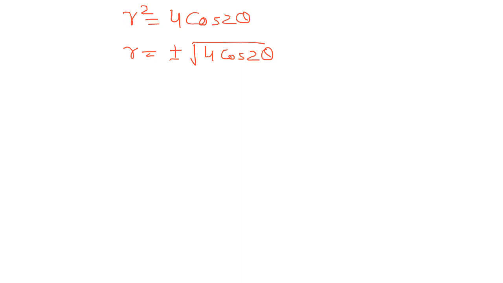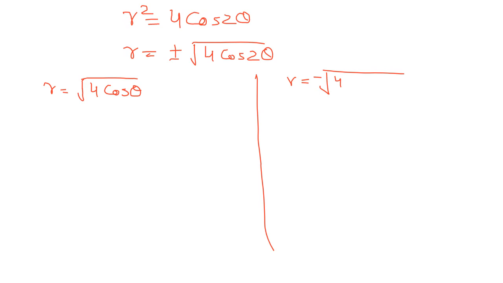See, we have r square is equal to 4 into cosine of 2 theta. So I can write r is equal to plus minus square root of 4 into cosine of 2 theta. So we have two values: r is equal to square root of 4 cosine of 2 theta, and the next value is r is equal to minus square root of 4 cosine of 2 theta.